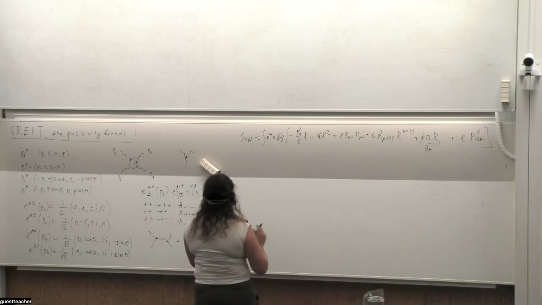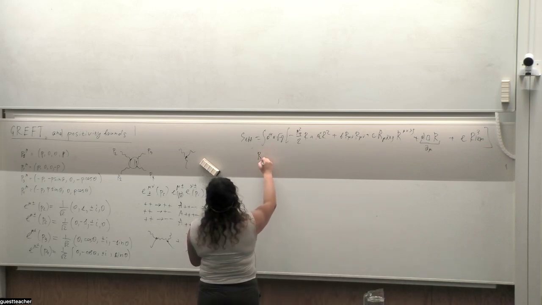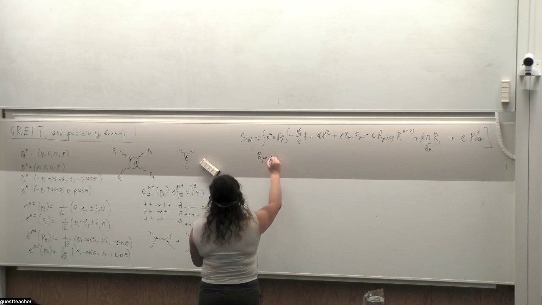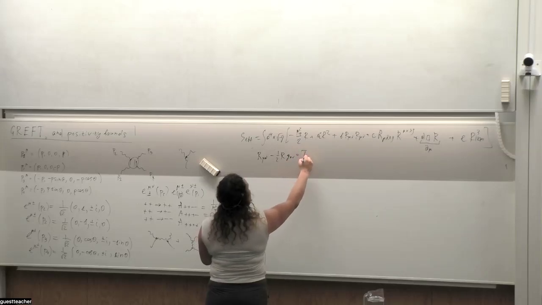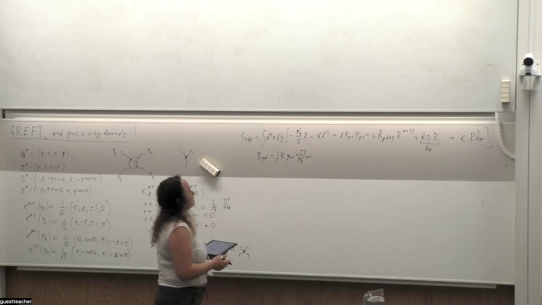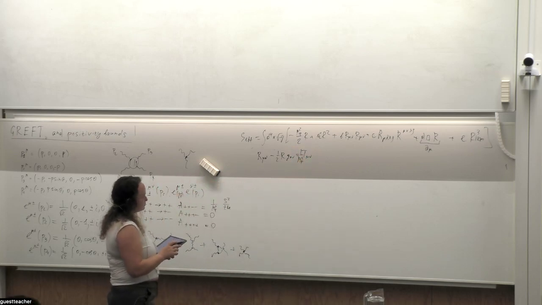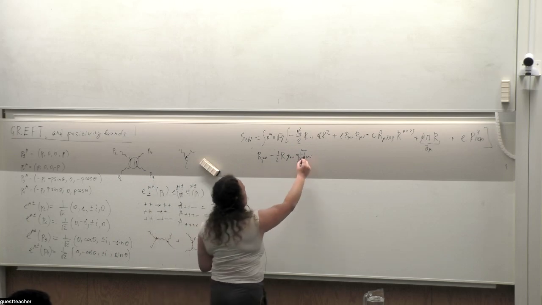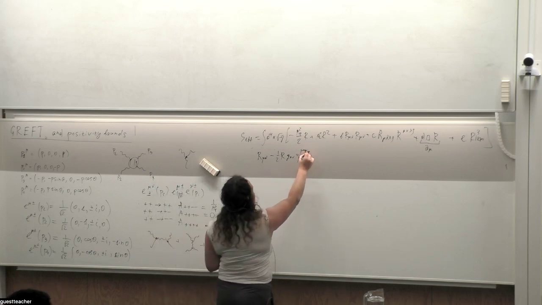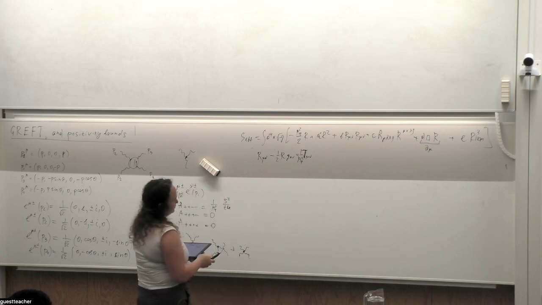Even if it's a gravity theory with matter, recall that the equations of motion are the Einstein-Hilbert equations. And given this, T mu nu is something corresponding to matter fields.